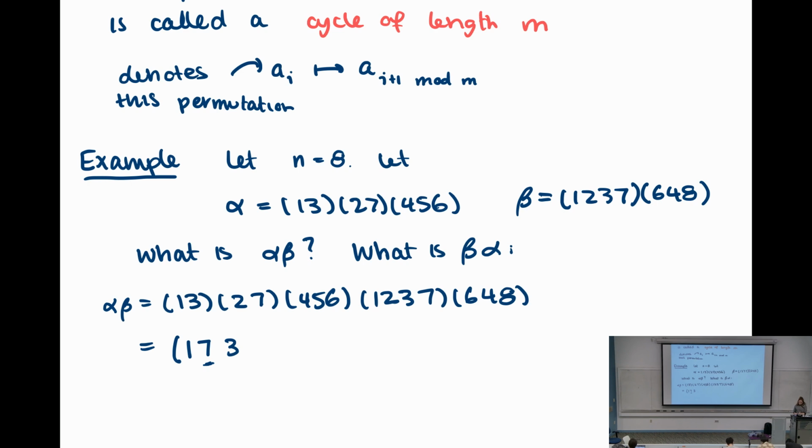Then I need to know what happens to 3. Here, 3 is sent to 7, and then 7 is sent to 2. So that means that overall 3 goes to 2. And then finally, 2 goes to 3, and then 3 goes to 1. So that is the end of my first cycle. Does that make sense?